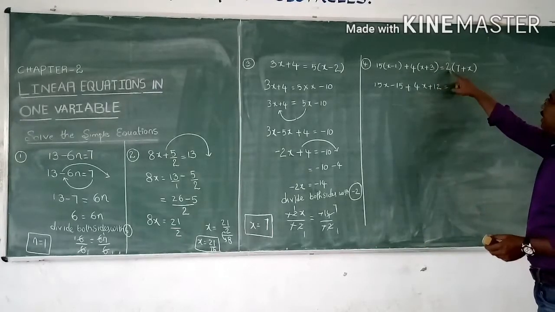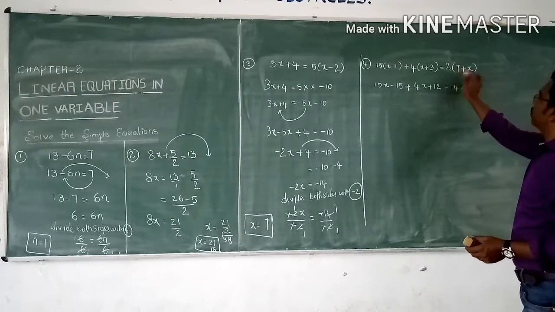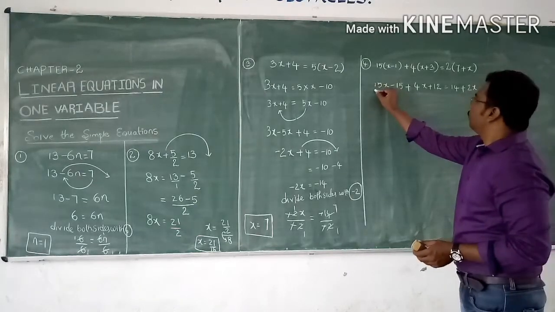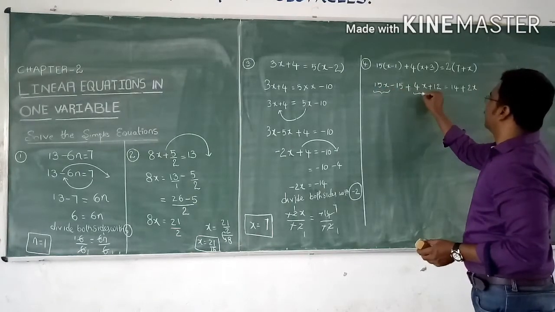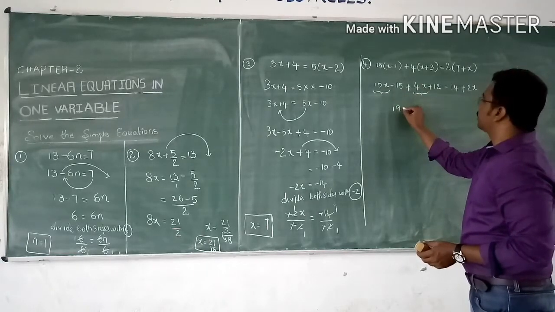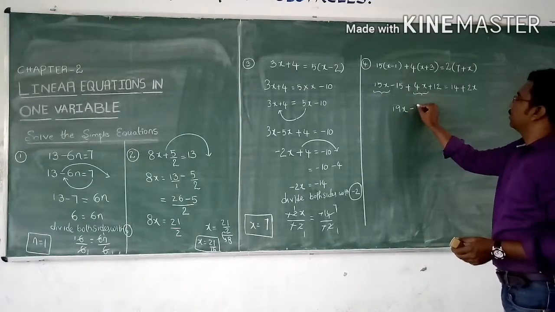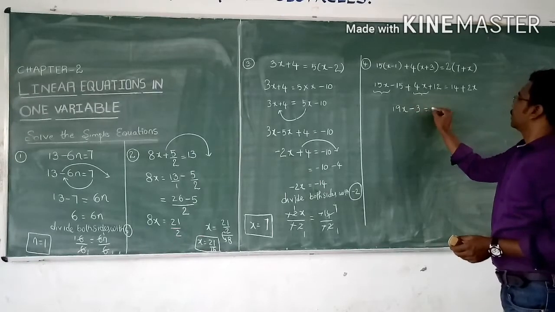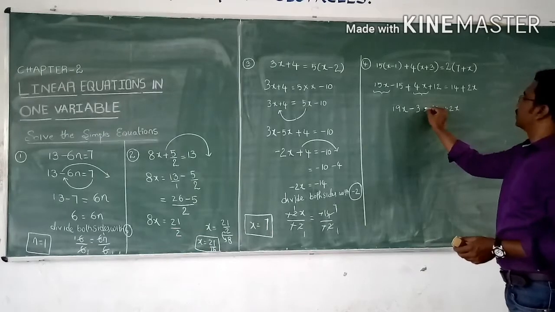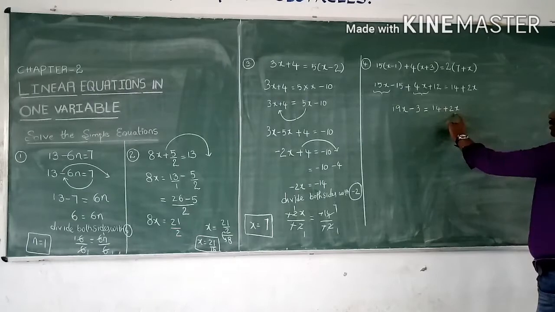Now I am multiplying here with 2, 2 into 7, 14 plus 2 into x, 2x. So what are the terms having the variable x here? 15x, 4x. That becomes 19x. Minus 15 plus 12, minus 3, is equal to 14 plus 2x.